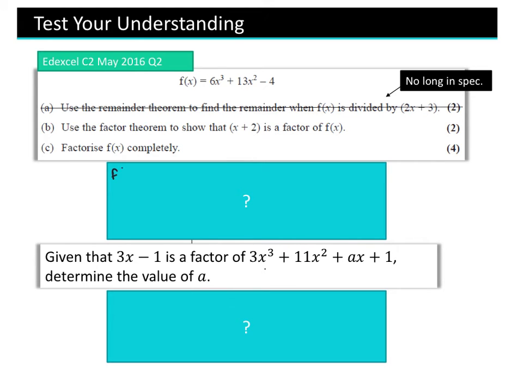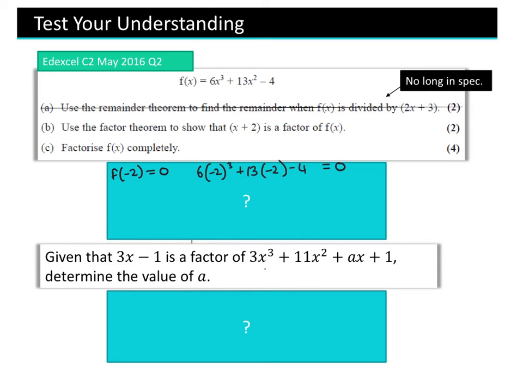So we want to show that f of minus 2 equals 0. So we're going to have 6 lots of minus 2 cubed plus 13 lots of minus 2 minus 4 equals 0. Now it says show that, so we really do need to make sure that we're showing. So minus 2 cubed is negative 8 times 6, which is negative 8 times 6.